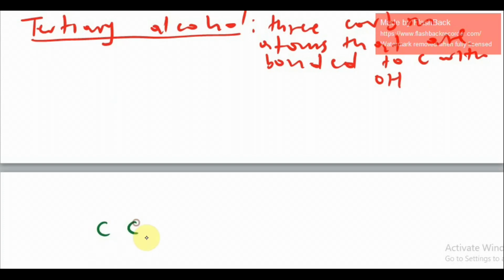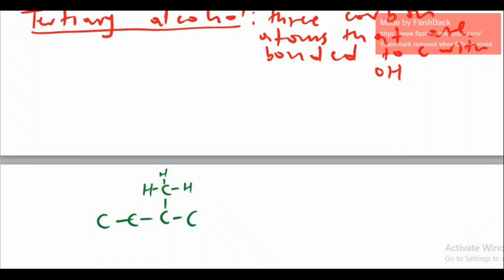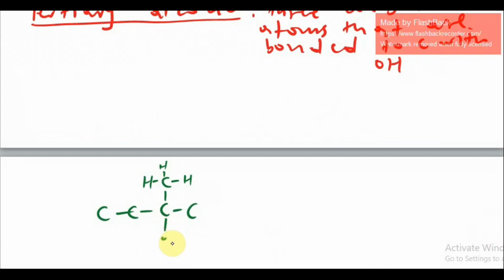1, 2, 3, 4. Then we have this branch. Then we have OH here. With this alcohol, this is the tertiary alcohol.